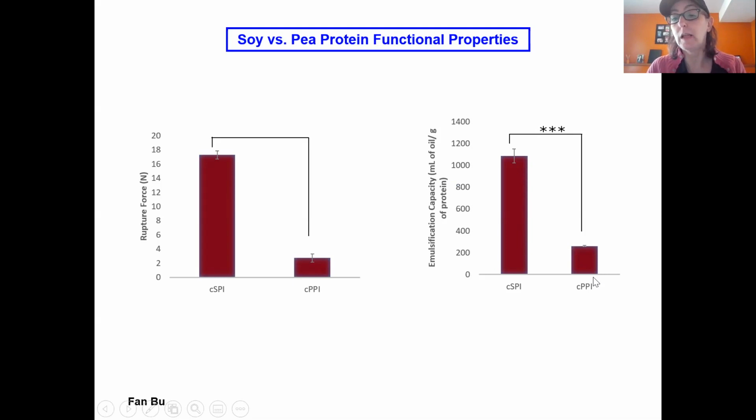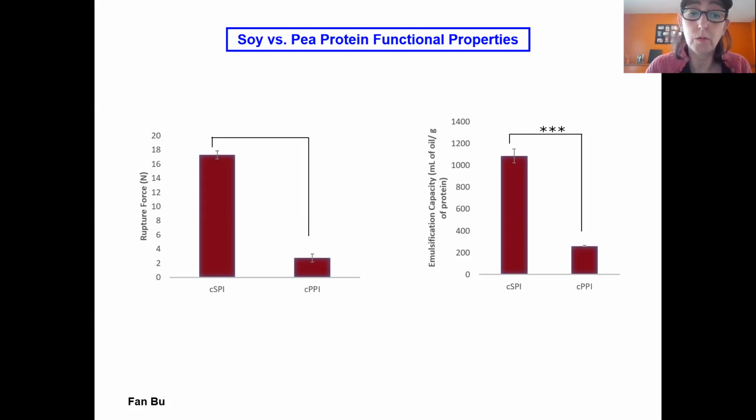Now, of course, there is an impact of processing, how they were produced. Soy has several decades of processing advantage compared to pea, so it's processed in a way that either enhances its functionality or preserves its functional properties.